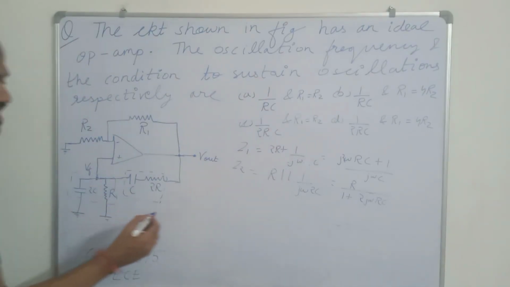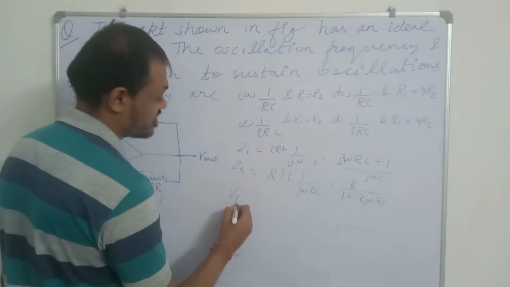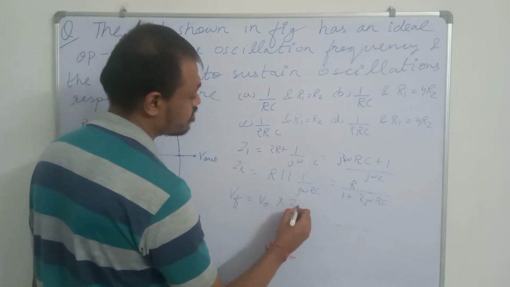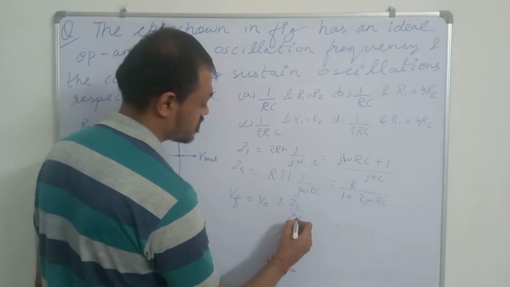Now as per the voltage divider rule, the feedback voltage Vf is given by V0 into Z2 upon Z1 plus Z2.